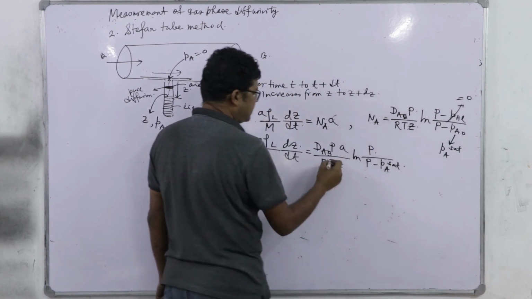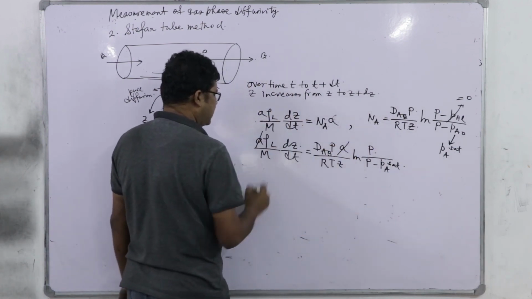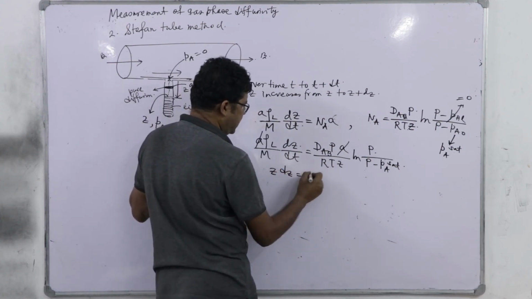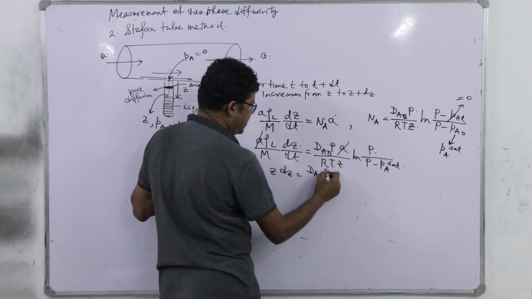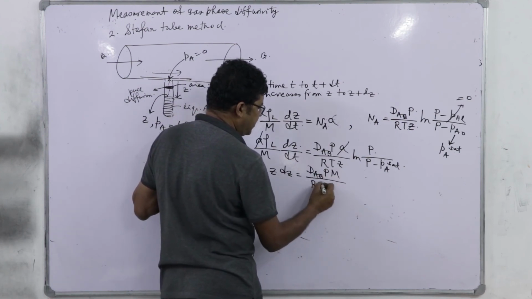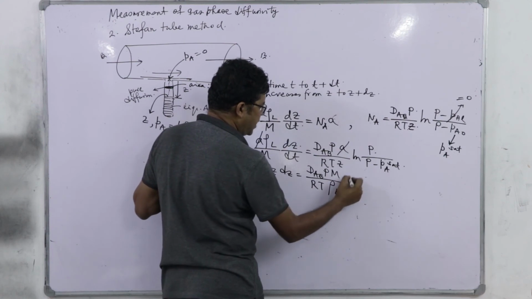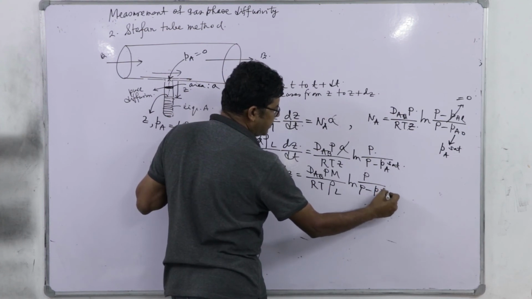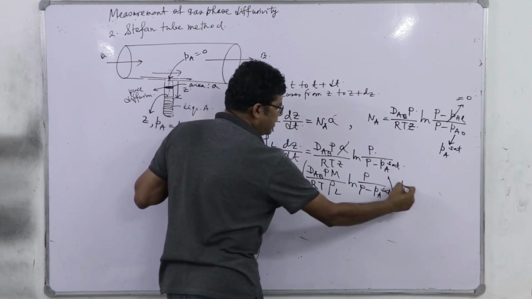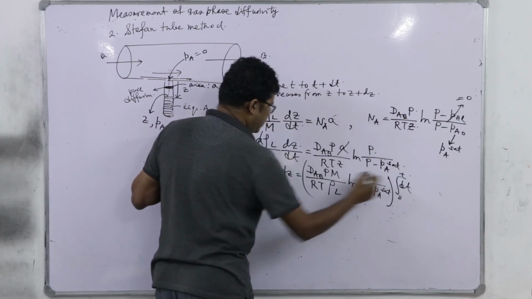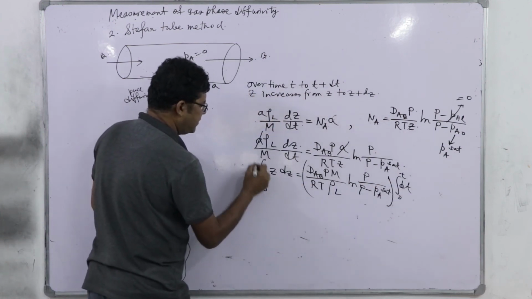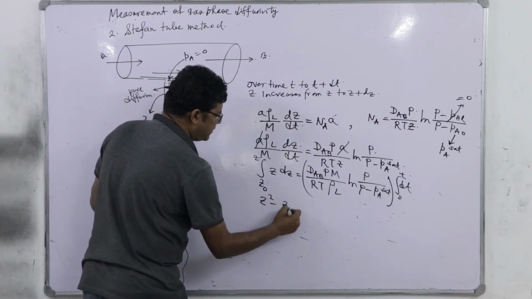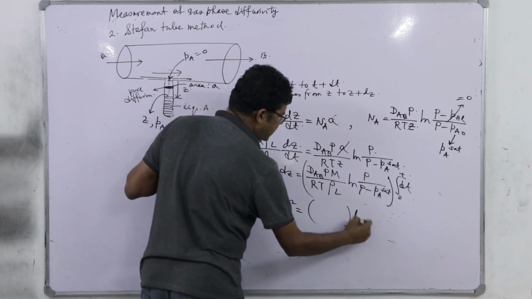This part remains constant. So, this a cancels out, right, and we have Z dz is equal to DAB into P into M divided by RT rho L into ln of P divided by (P minus PS at), this entire thing into dt, integrate it from 0 to t and from z0 to z. Right. So, z square minus z0 square will be this entire bracket term into t.